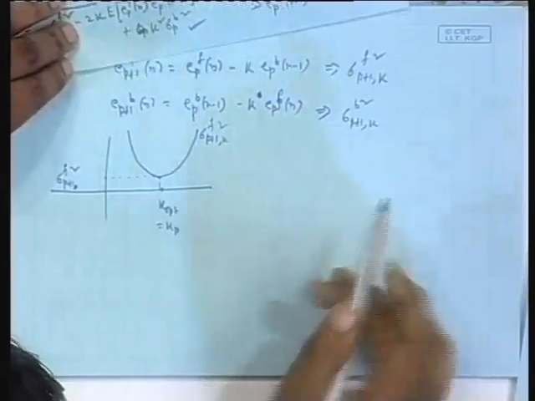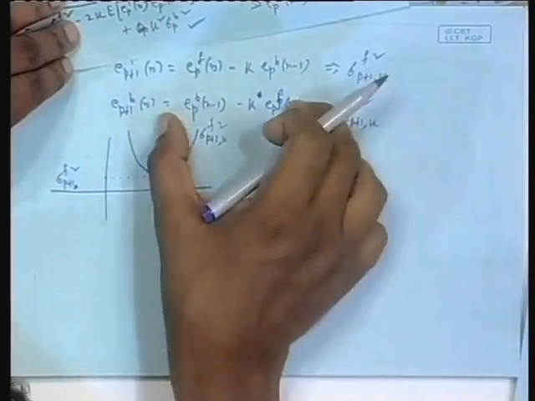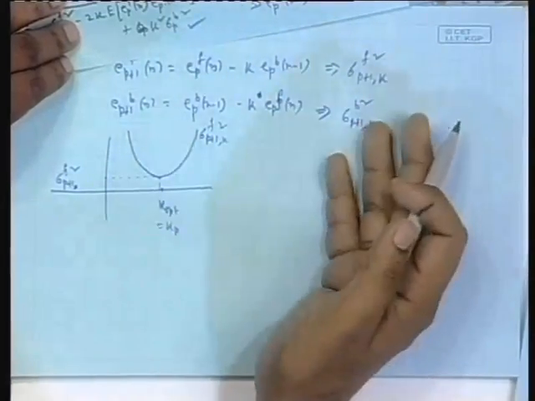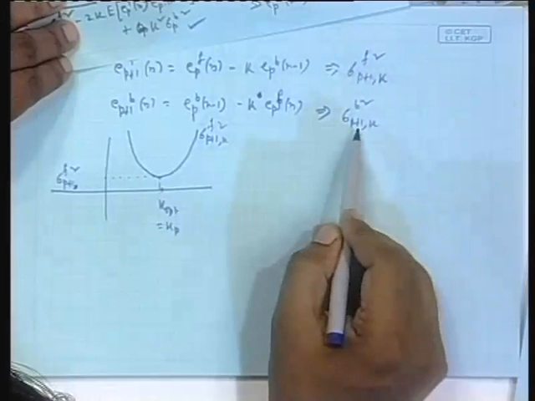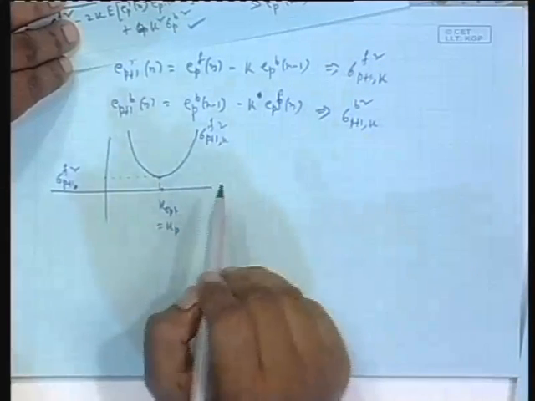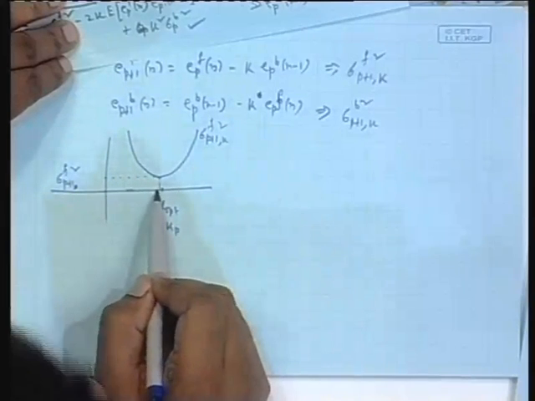If I again take this expression and plot it, you can even work it out, square it up and differentiate, and you will get the same kp. Then it will again be a quadratic function of k, and the important thing is that the minimum will be at the same k.